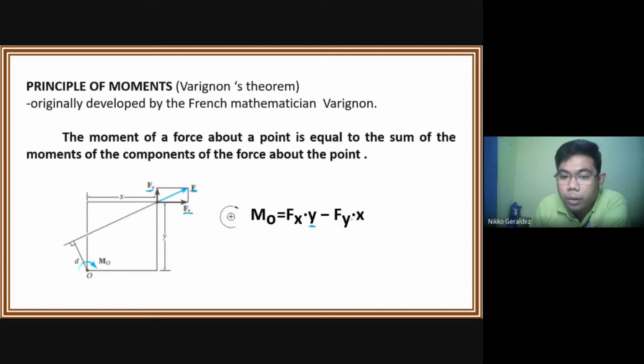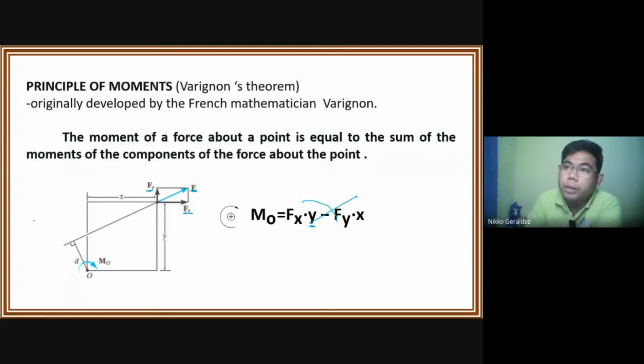Minus Fy, magpupuroduce siya ng negative moment, kaya negative, that is the y component of the force times the perpendicular distance, that is x. Wag i-memorize ito, kasi itong formula na to ay naka-base dito sa figure.